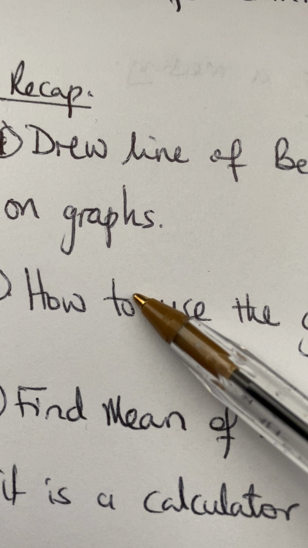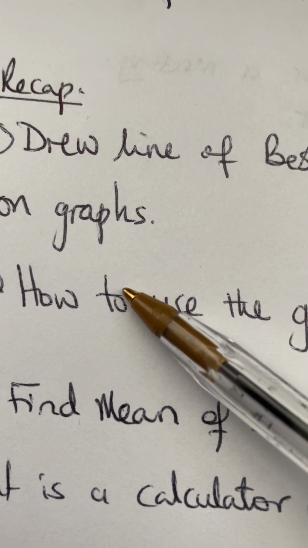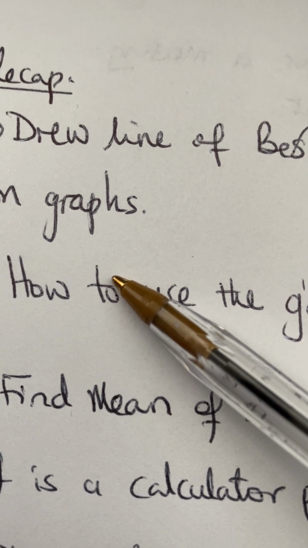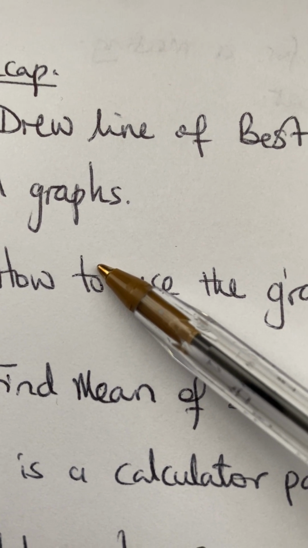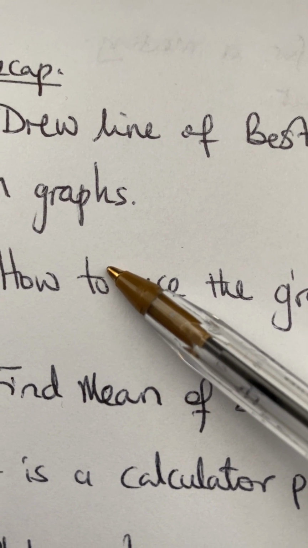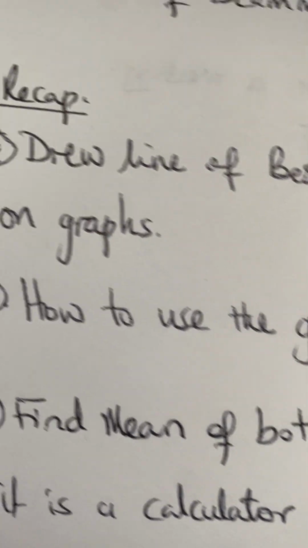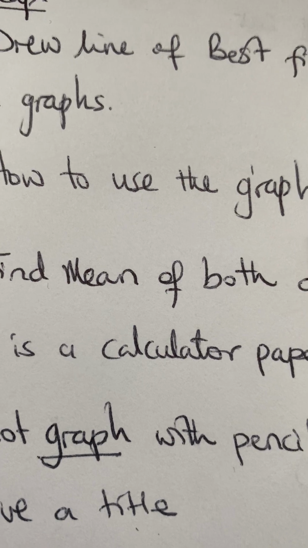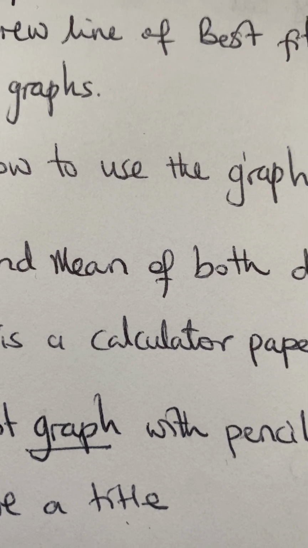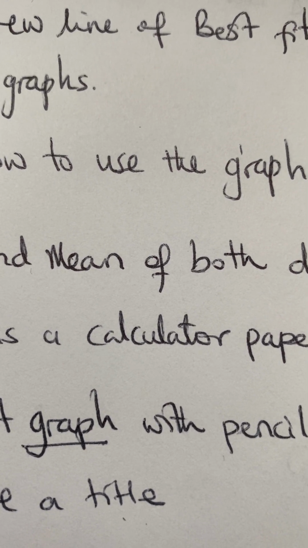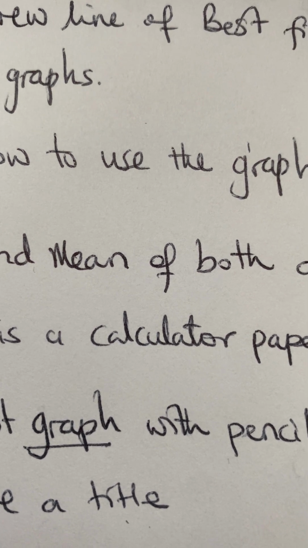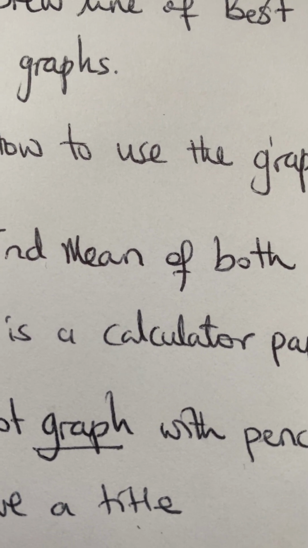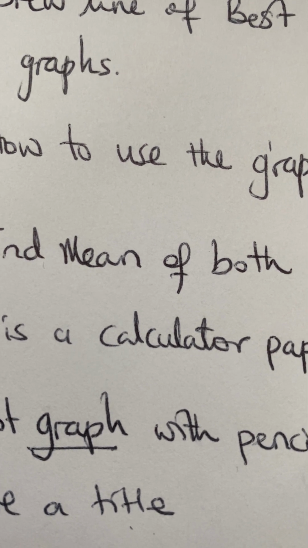In the positive one, as one data increases, the other increases, and in the negative one, as one data increases, the other decreases. And we explained the term positive correlation, whether it's strong. The stronger it is, the easier it is to draw your line.